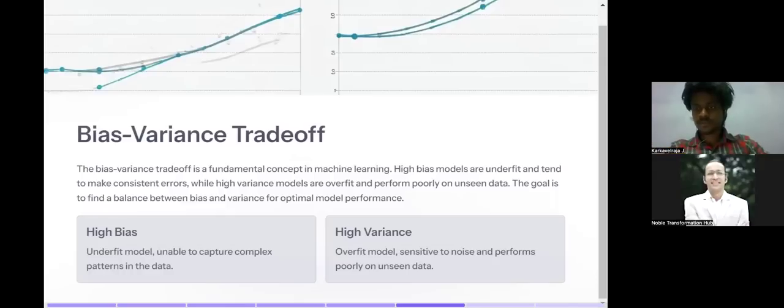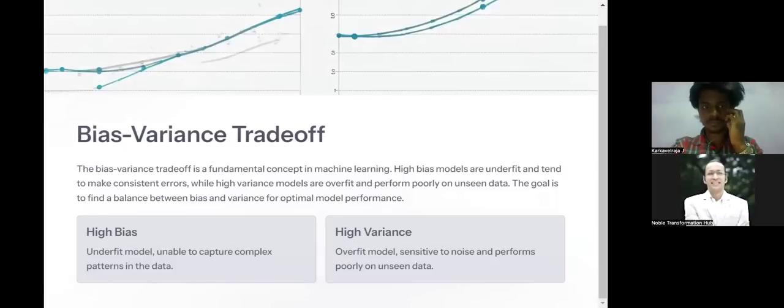That is why they will not generalize properly. They tend to underfit and tend to make consistent errors, because if you make something biased, it is going to give results according to that. So it is not going to learn realistic, real life applications, and it is not going to solve real life problems.